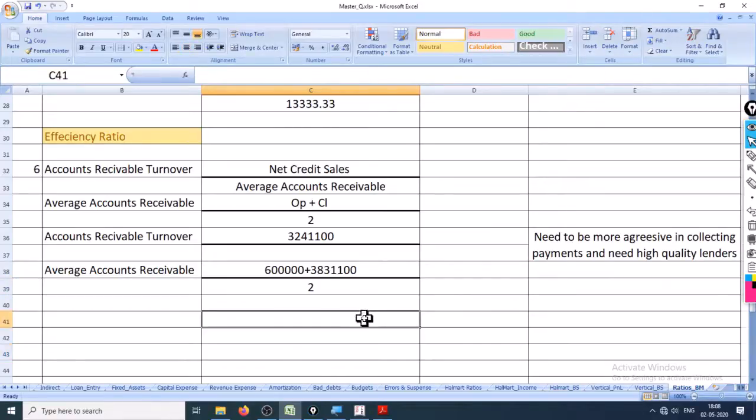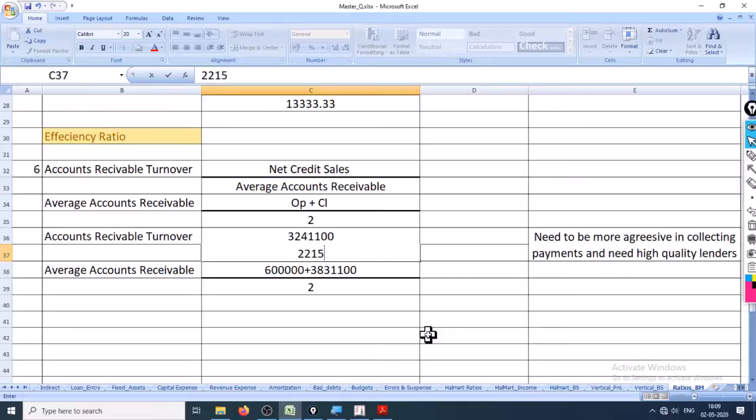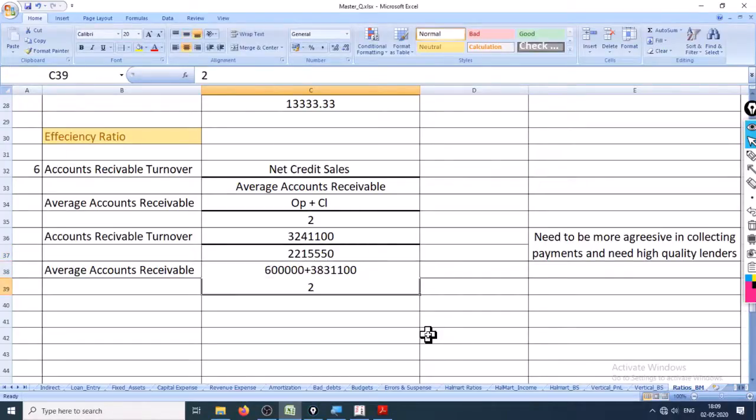Be ready for something very scary. 6 lakh plus 38,31,100 divided by 2, hence 22,1550.